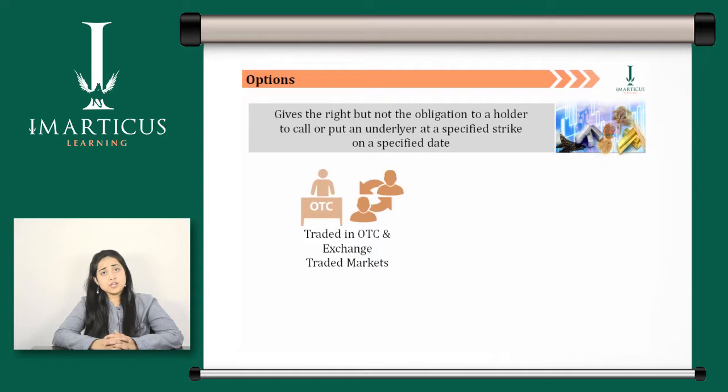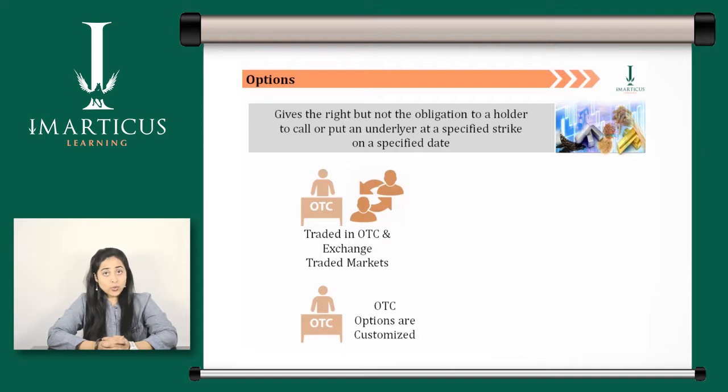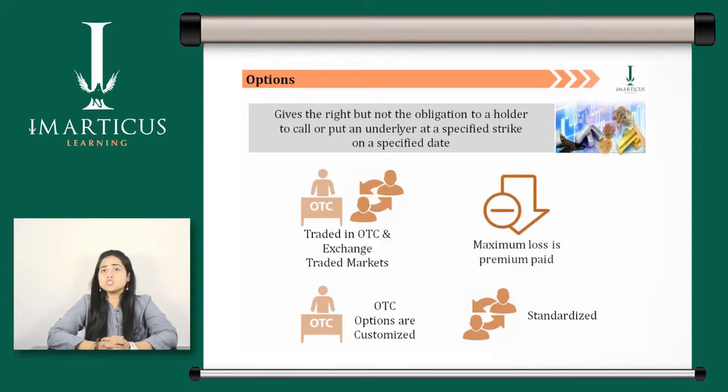They are traded in both OTC as well as exchange traded markets. OTC options are customized, which include the size of the contract, the underlying quality, and so on, while the ones in the exchange traded market are standardized to the terms and conditions set by the exchange. The maximum loss for a commodity option buyer is the premium paid.